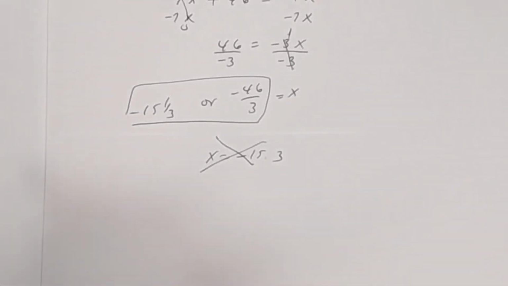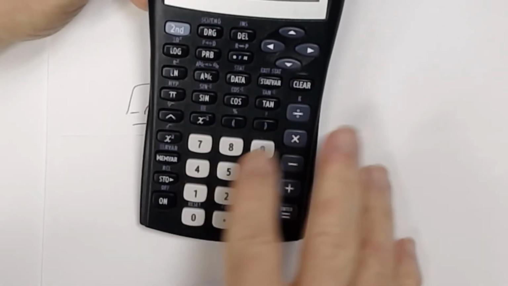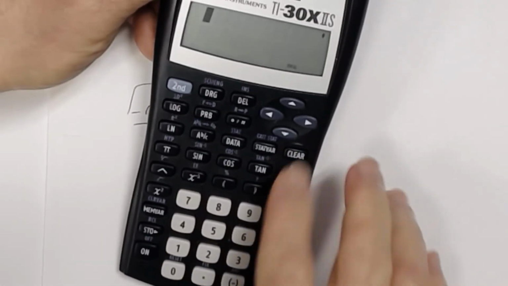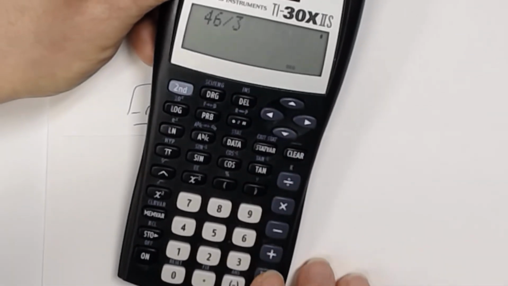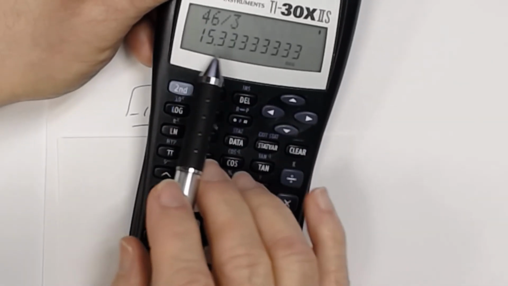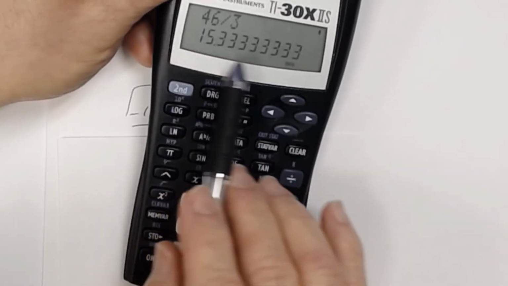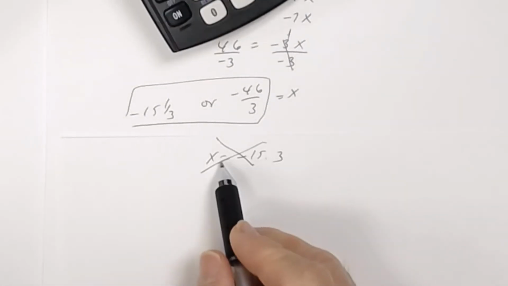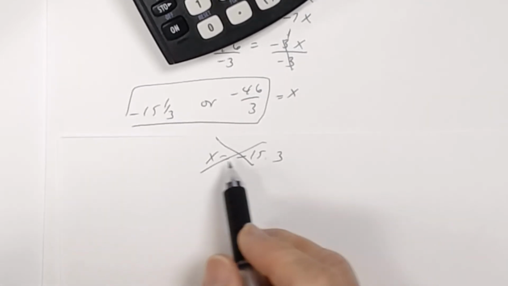Remember, if you use your calculator, and that's probably what you're doing, you're saying 46 divided by 3 and you get this. But see, that's not 15.3. Remember, this right here is a rational number. What this is, is approximately equal to negative 15.3, but don't say it's equal to.